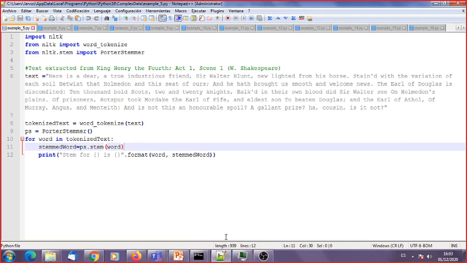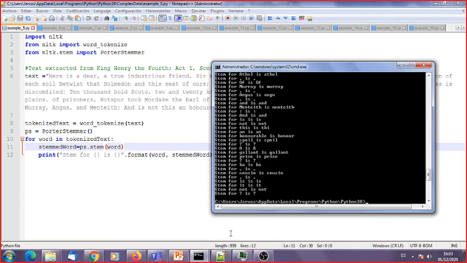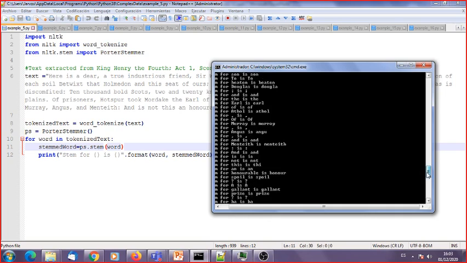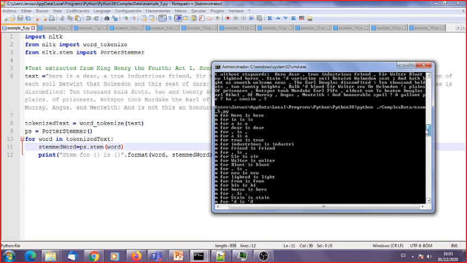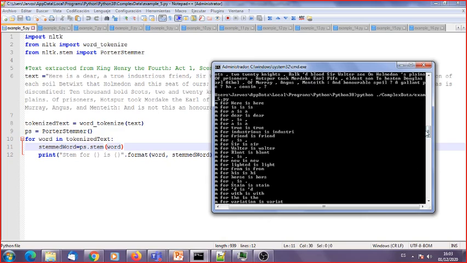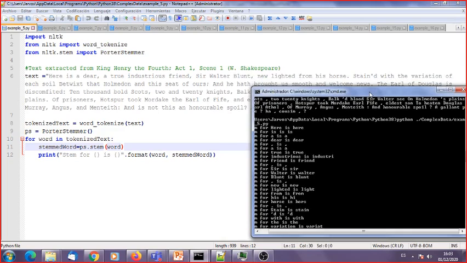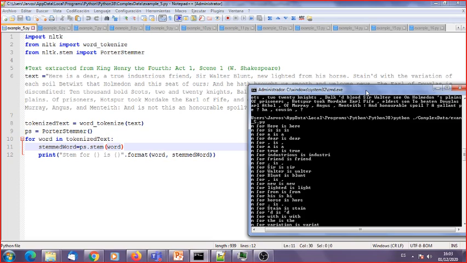Okay, so it gives the stem for each word in the sentence. For example, the stem for "here" is "here", but in lowercase. Well, for example, here it says the stem for "is" is "is". Shouldn't that be the verb, like "be", the original form?